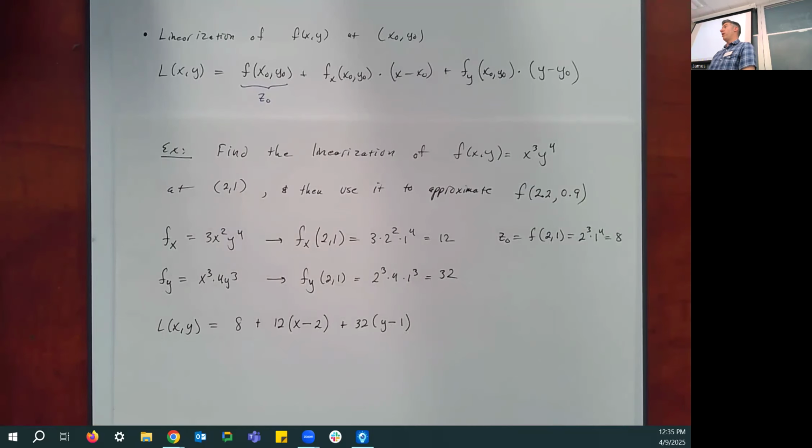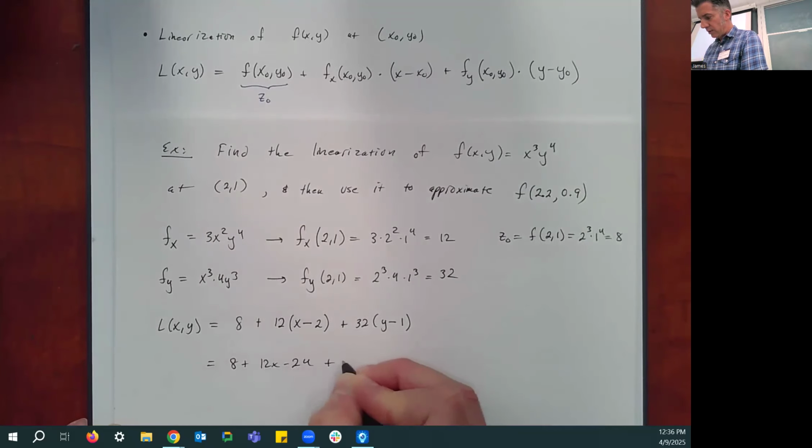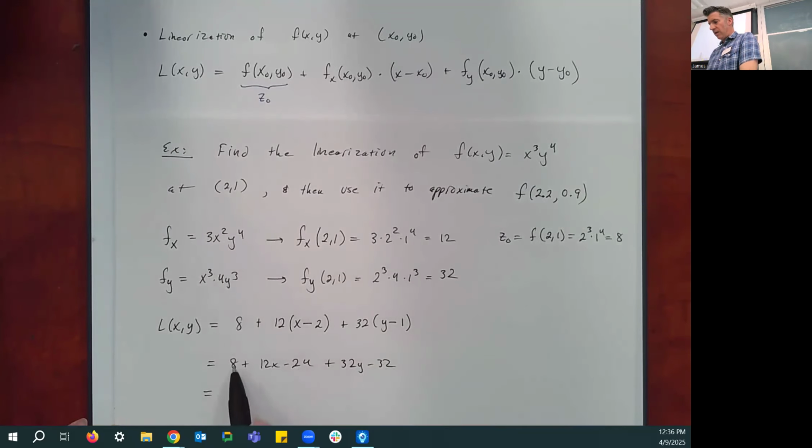And I'll point out here, it's really not helpful to simplify this if we're trying to plug in the next point. If we simplify, I get 8 plus 12x minus 24 plus 32y minus 32. Let's see, 8 minus 24 is negative 16, minus 32 is negative 48.